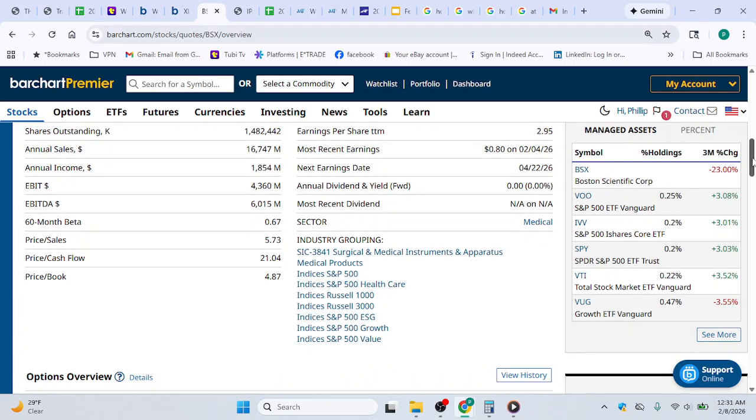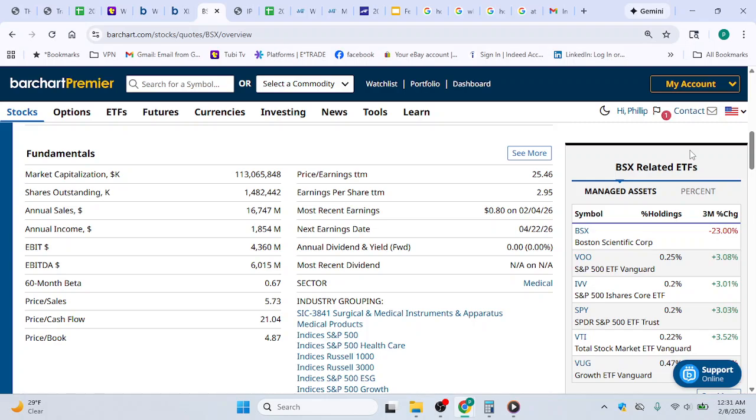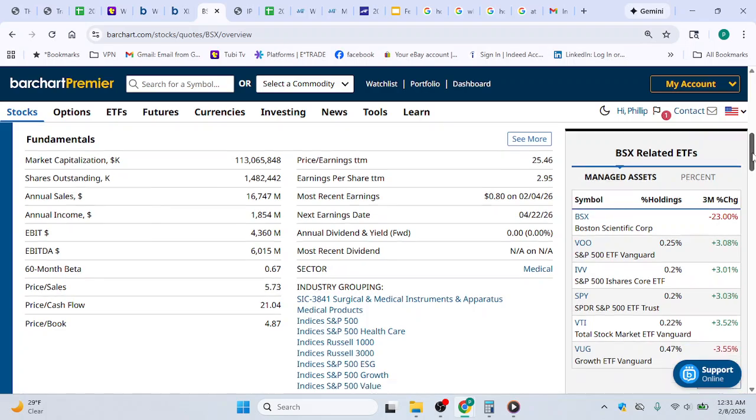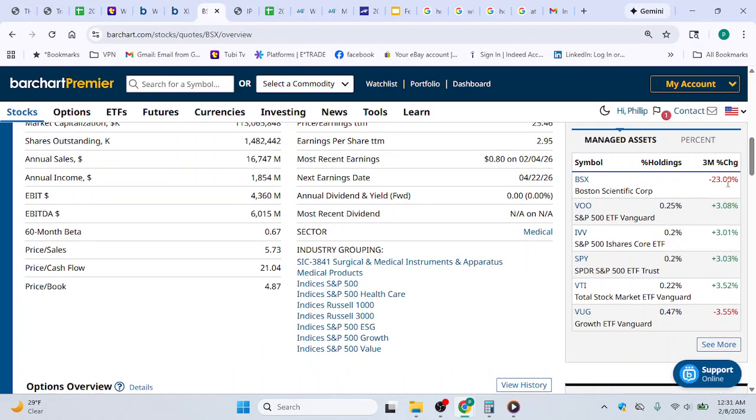And now we can see here on the side, another nice part about Barchart is it's got these related ETFs or funds showing a 3-month change. And this company is minus 23% over 3 months. Meanwhile, the overall market and its peers are actually up a little bit, between 3 and 3.5%.